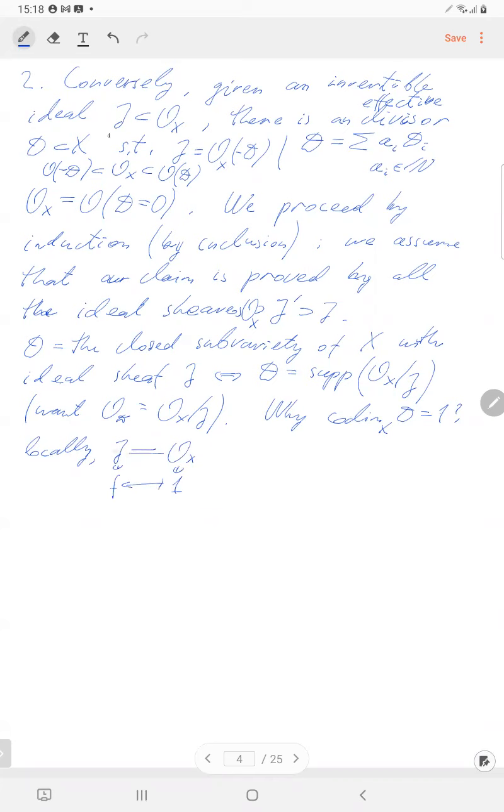Locally J is generated by just one regular function F, and so this D is given by the zeros of this function F. For one function F, by the principal ideal theorem, as Sergey mentioned, its codimension is exactly 1.